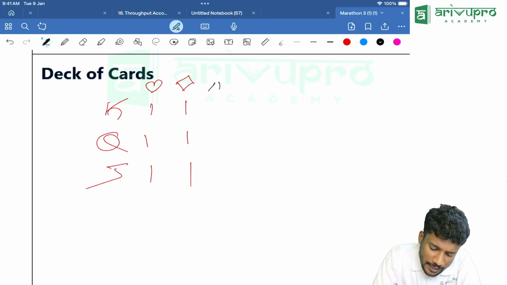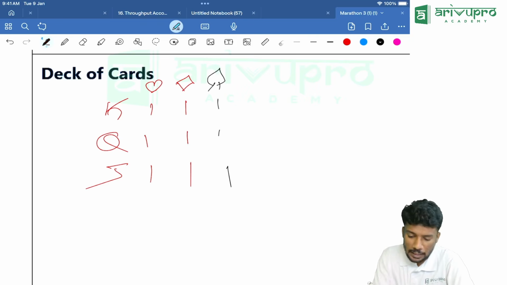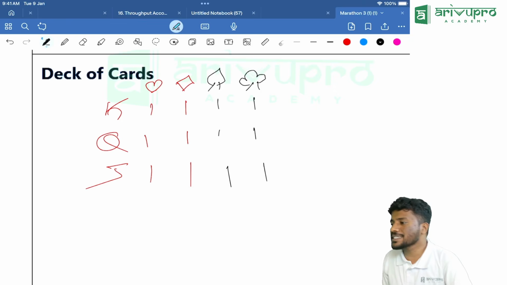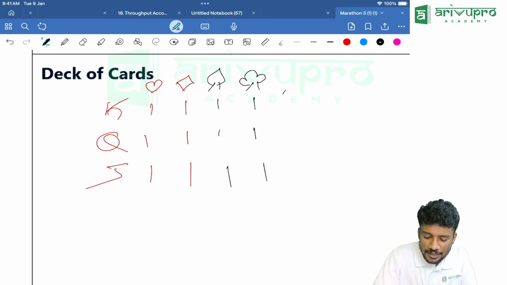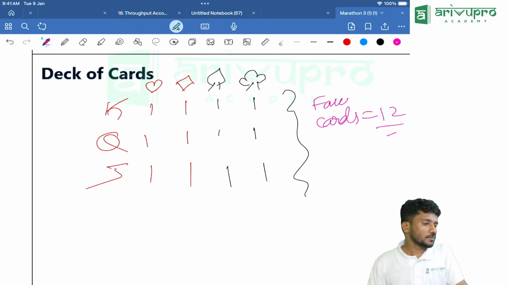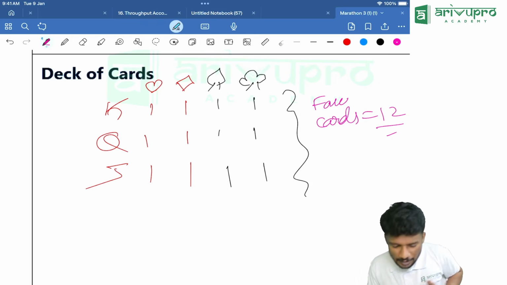From spade, 1 King, 1 Queen, 1 Jack. Then from club, 1 King, 1 Queen, 1 Jack. So how many face cards are there in total? Face cards is equal to 12. Total 12 face cards are there.